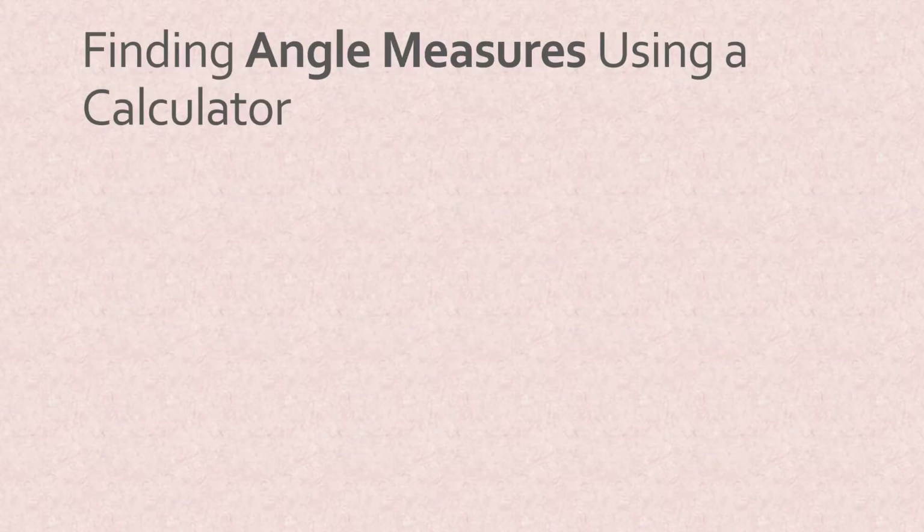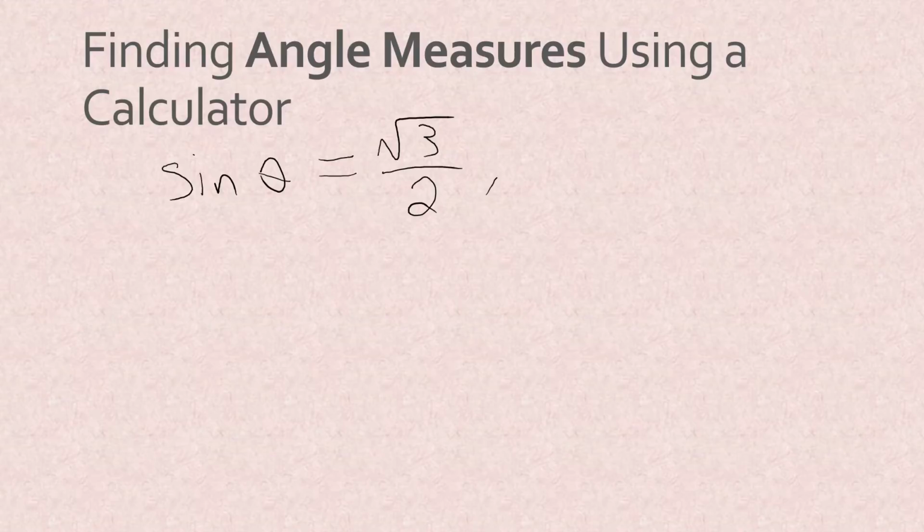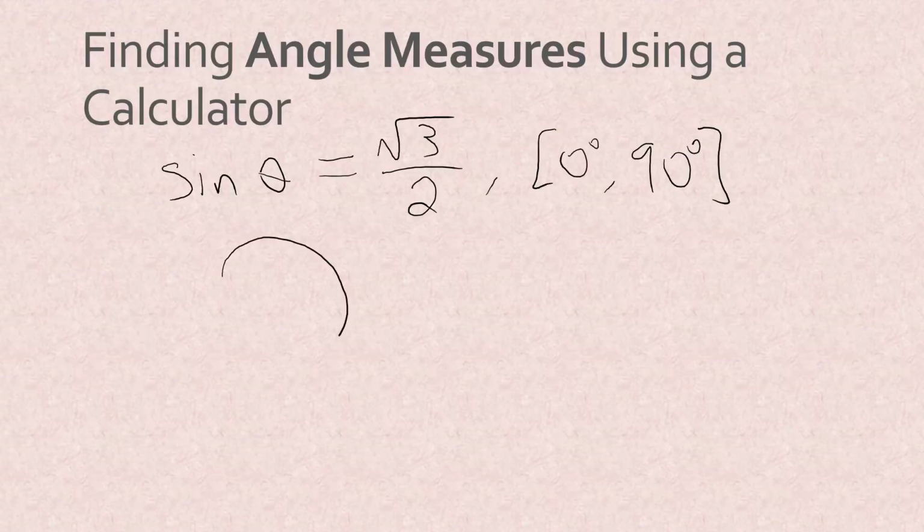The last thing to do here is finding angle measure using a calculator. Again, if you're given an expression like sine of theta is equal to root 3 over 2, and you're given the restriction that theta is in the interval from 0 to 90, then that's a special angle on your unit circle.